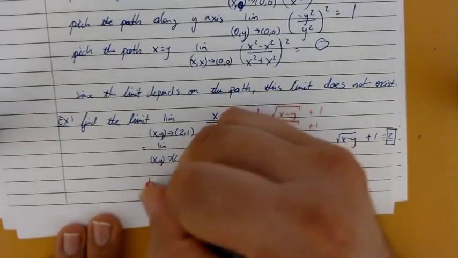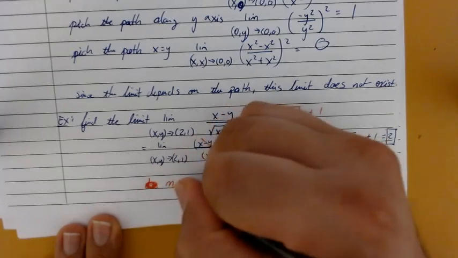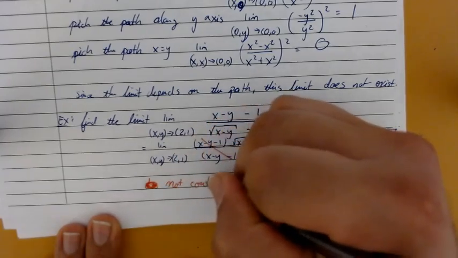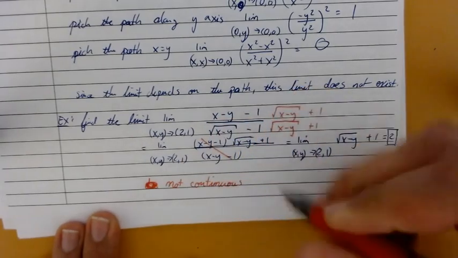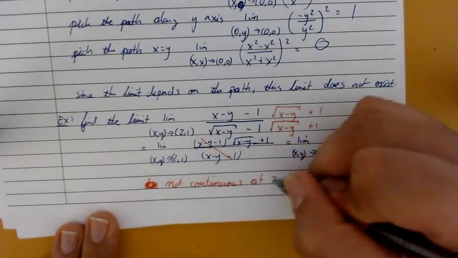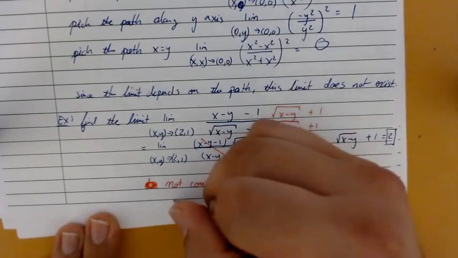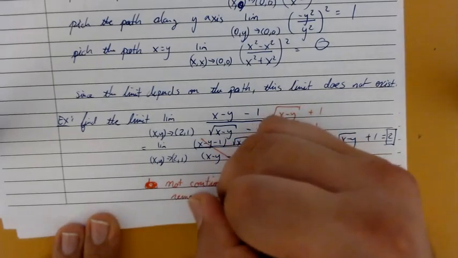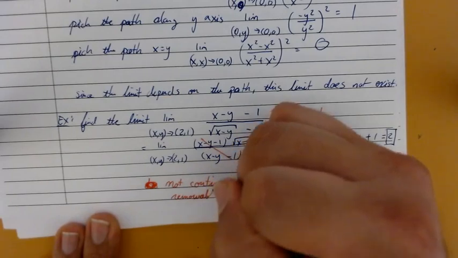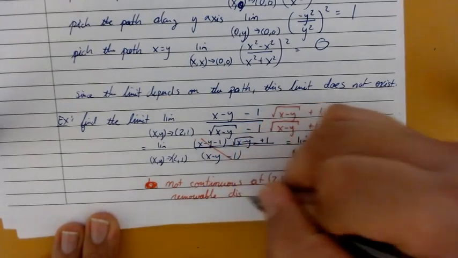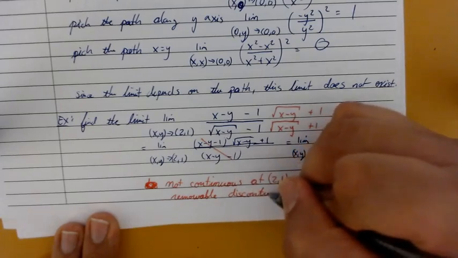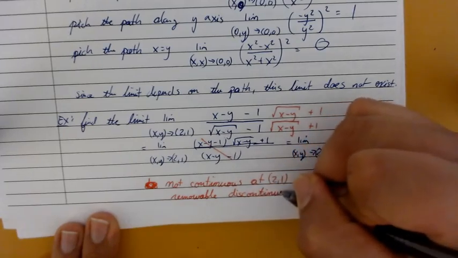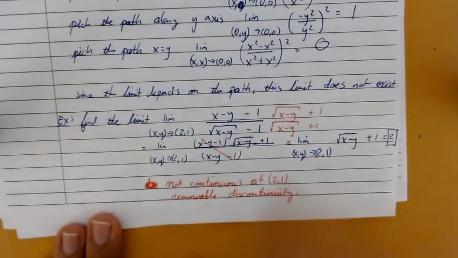Or let me just keep with the same language. It's not continuous. They mean the same thing, discontinuous or not continuous. This is discontinuous at 2, 1, but it is a removable discontinuity. You can remove it. You can get rid of it.